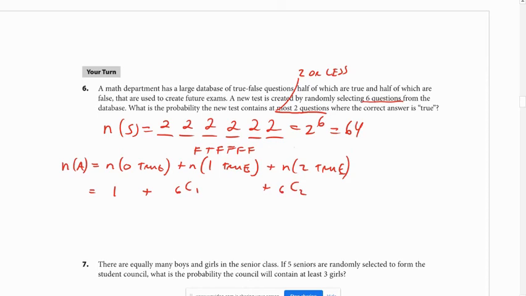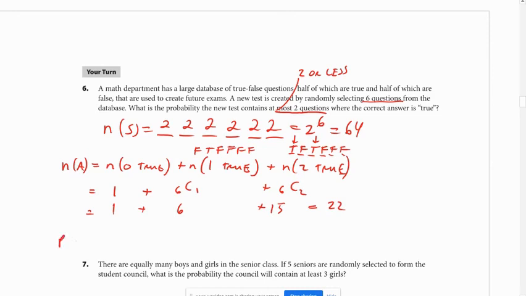For the same reason, we could have true, true, false, false, false, false. And so out of the 6 spaces, we're choosing which 2 are going to be the T's. Or you could do 6 choose 4, and that would be choosing which 4 are going to be false, and that'll give you the same answer also. And so we have 1 plus 6 choose 1 is 6, and 6 choose 2 is 15, and so that turns out to be 22.